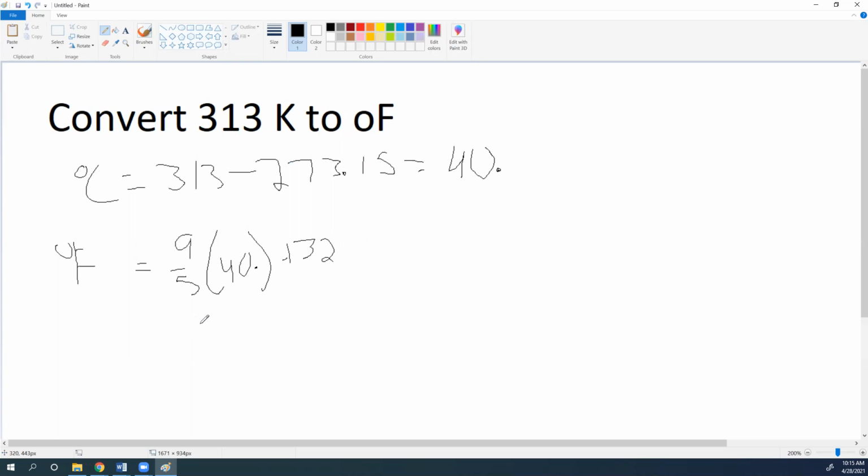Now I need to do stepwise work here. So 9/5 times 40 is 72. Most of the time it's going to work out fine, but there will be times where it does not. Plus 32, and that equals 104 degrees Fahrenheit.